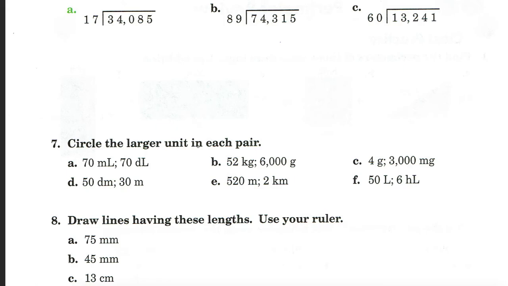Number 7, circle the larger unit in each pair. So you would need to go back to page, what was it? Let's see. The back of your page, where's that page of all the units of metric?